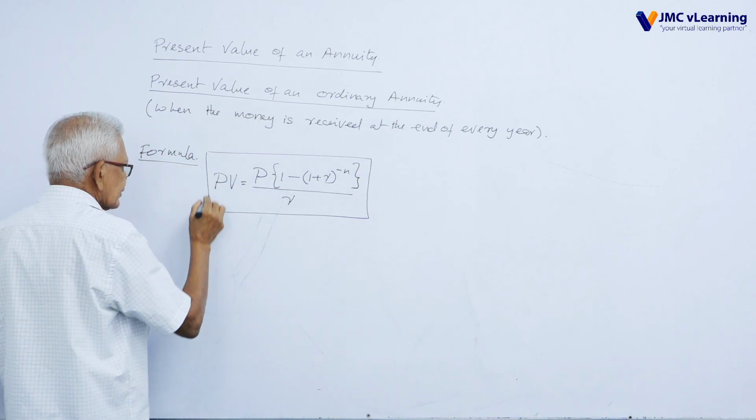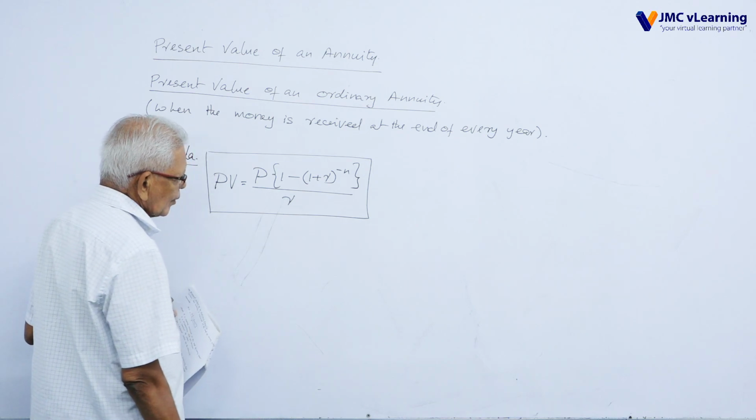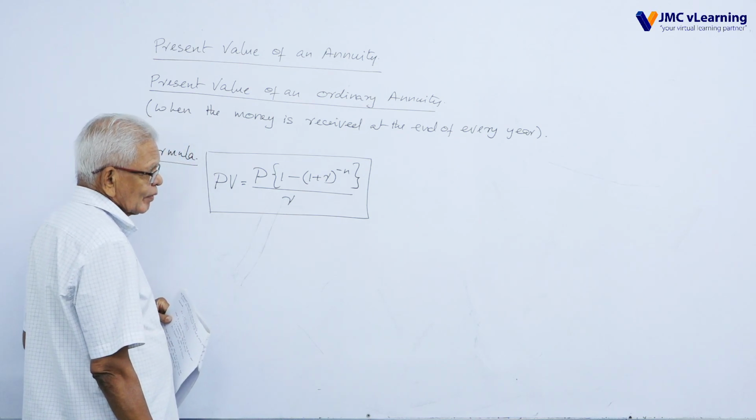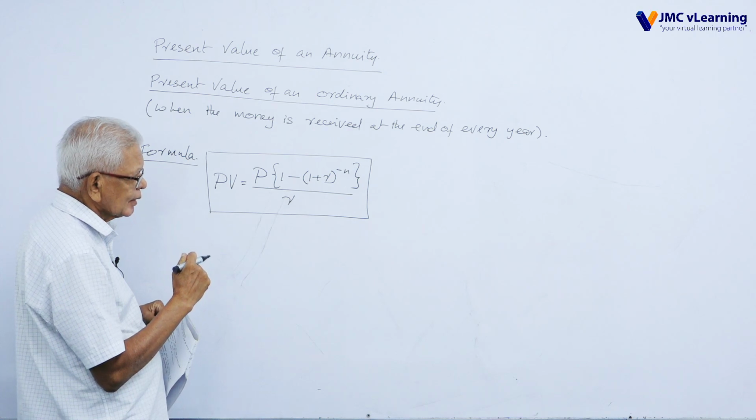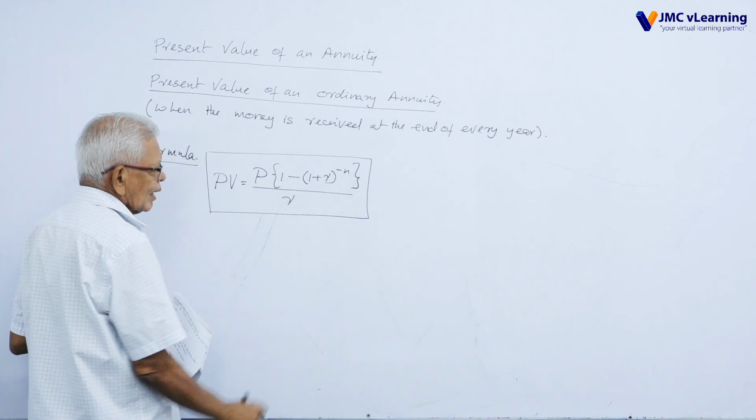It's a bit complicated formula. PV equal capital P, double bracket 1 minus, earlier 1 plus R at the beginning, now 1 minus 1 plus R to the power minus N, over R.